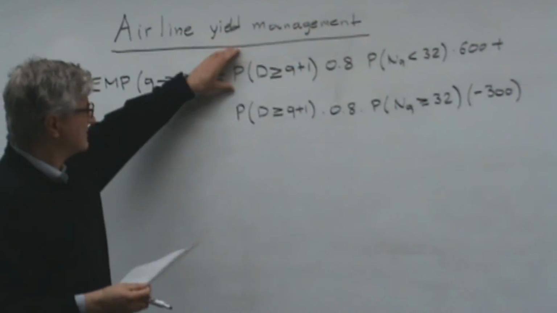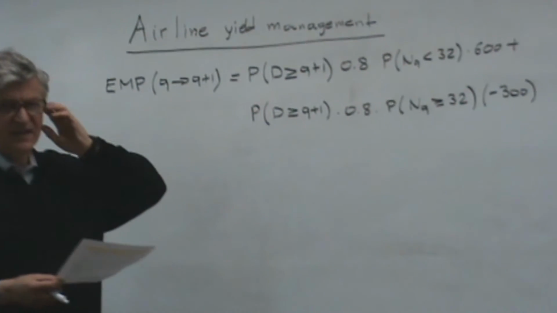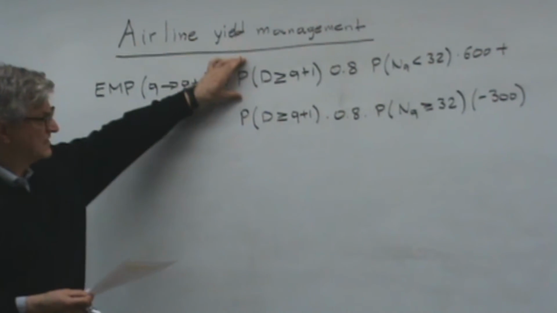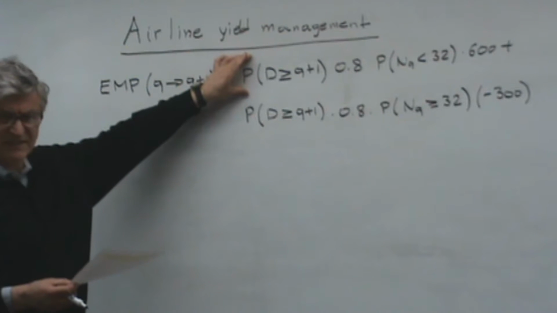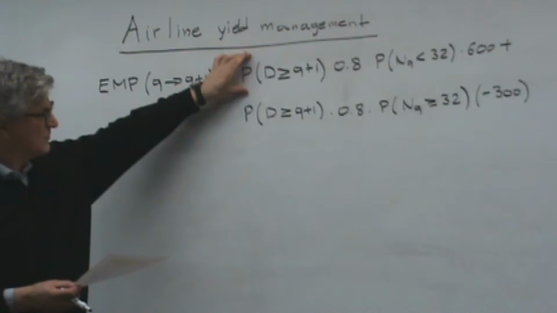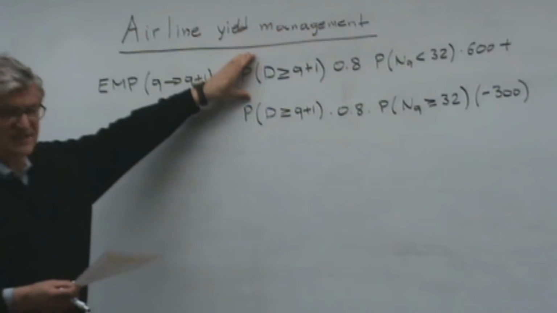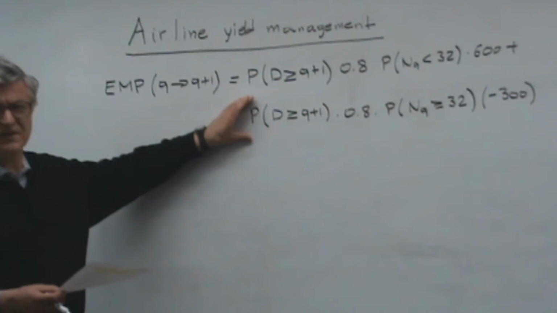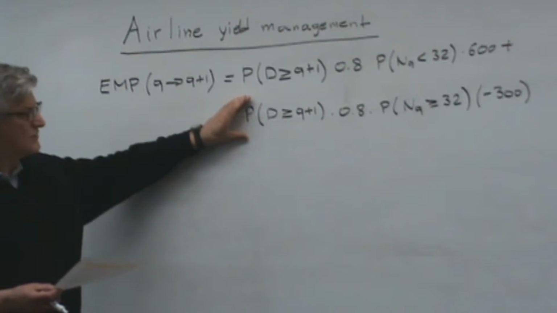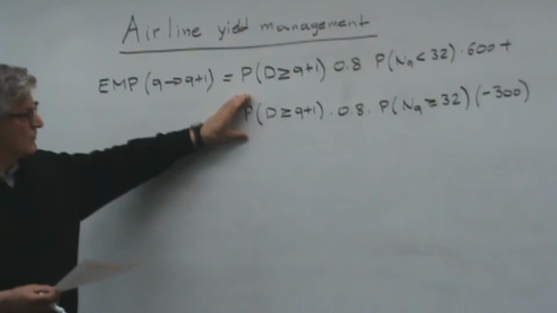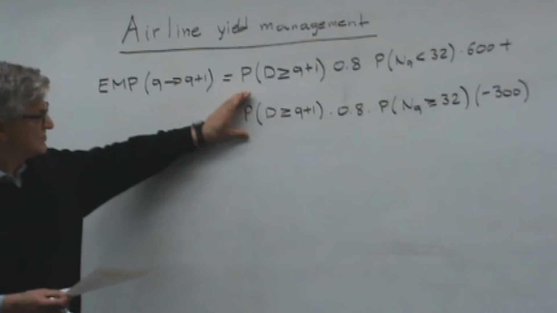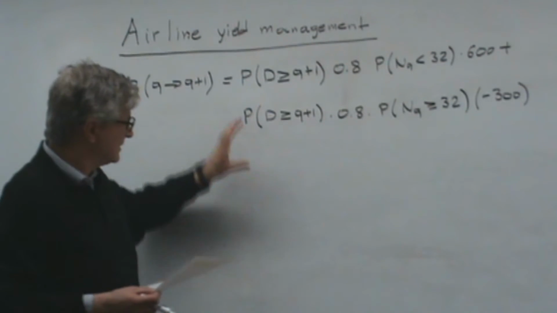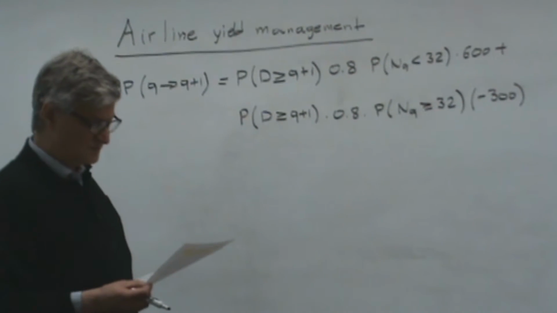So this part is the conditional expectation of the extra profit if we accept an extra reservation, and this is the conditional expectation of the profit if we accept the reservation and the customer shows up, but we don't have a seat available.